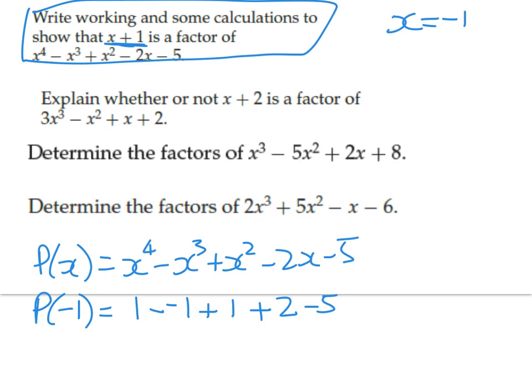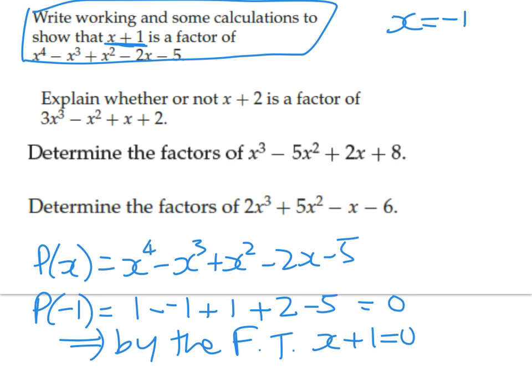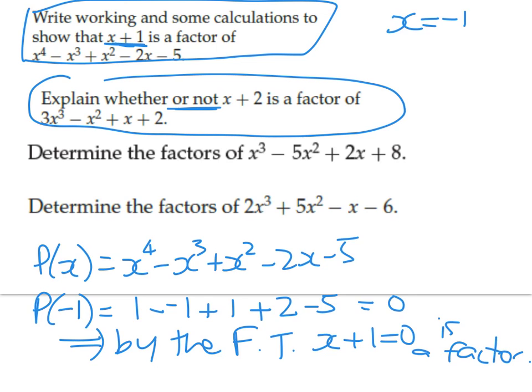Alright, so we've got 1 plus 1 is 2, 3, 5, 0. So by the factor theorem, which I'll write as FT, not Financial Times, factor theorem, x plus 1 equals 0 is a factor. Okay, done. Easy.